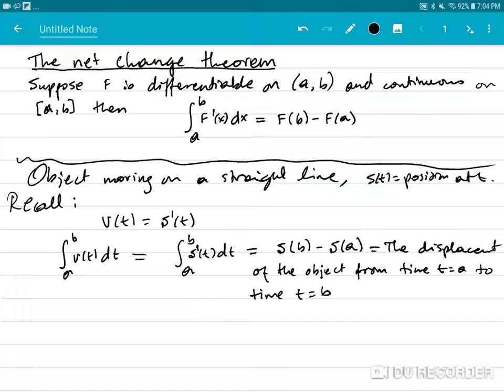And now, how do you find the actual distance traveled?